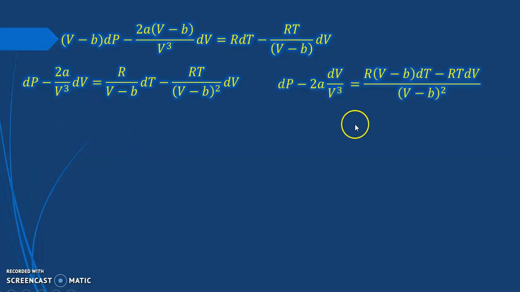So now let's do this operation. If we do that, we'll get this other term over here. We just must keep the common denominator and solve the operations. If you do this step by step, you'll get this expression.